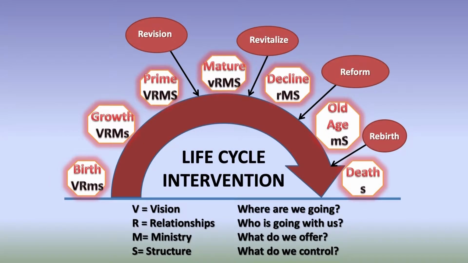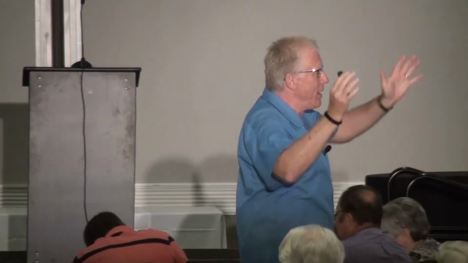So here's this idea of life cycle intervention. Still the same kind of stuff, and so the idea that when you hit this point, it's time to revision. Because notice what is about to happen when you plateau. You go from big V to little v. So it's time for a revitalized vision. It's the revisioning. You have to bring a new, fresh vision in order to see what God might want to do next.